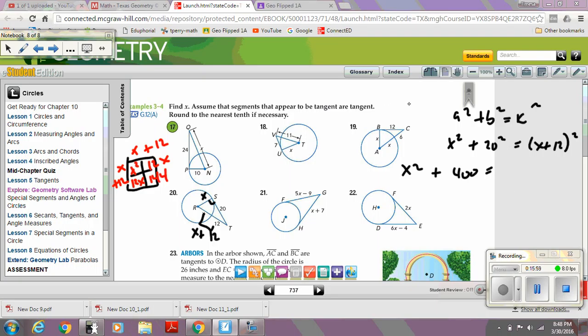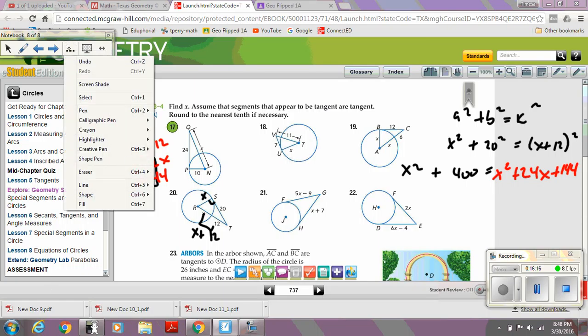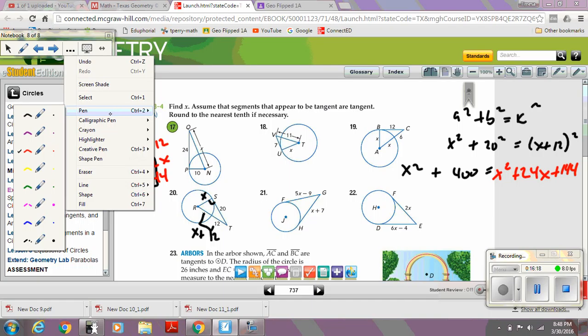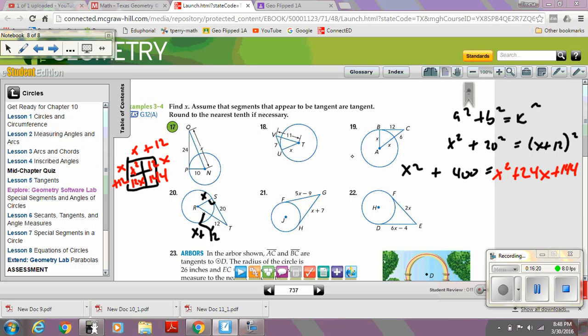So when you pull the results out of the box, you would have x squared plus 12x plus 12x, so that's plus 24x, and then plus 144. All right, and now we want to get our x squareds to the same side. So you subtract them.